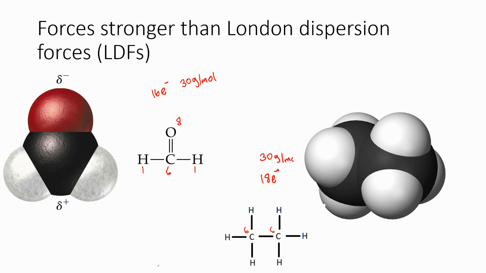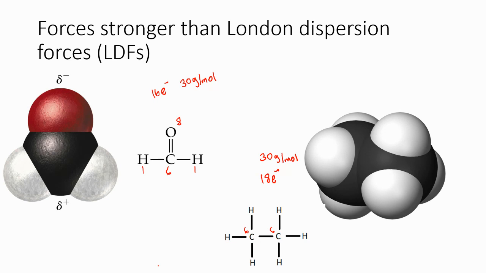And so if London dispersion forces were the only thing that mattered, you would suppose that both of these will have roughly the exact same boiling point. It should be a similar effort or energy needed to break apart those London dispersion forces. But we're going to find out in a minute that they don't, that one has a much greater boiling point than the other. So what are their differences?